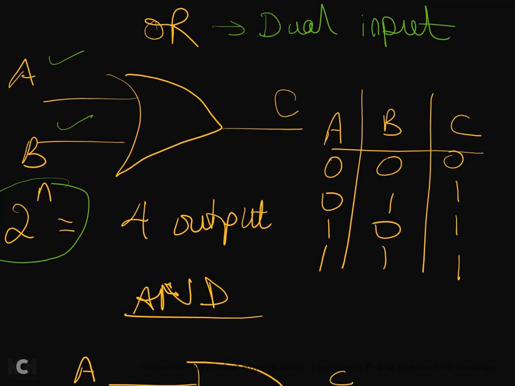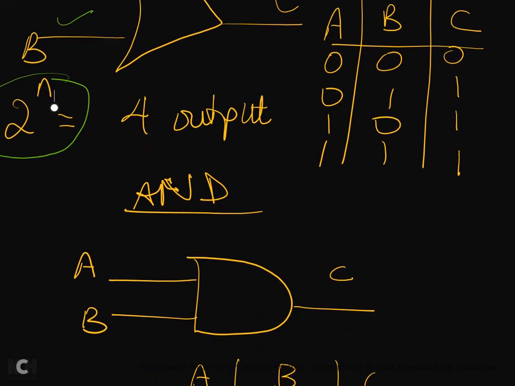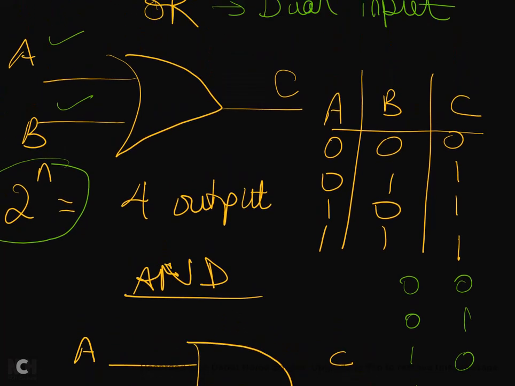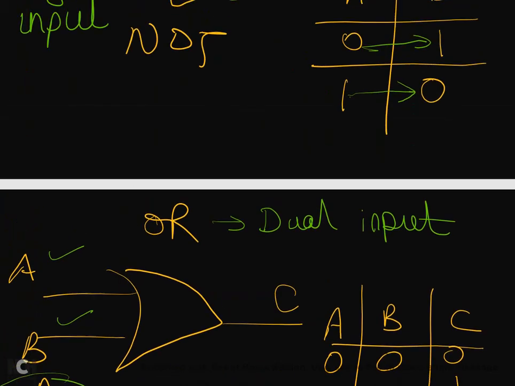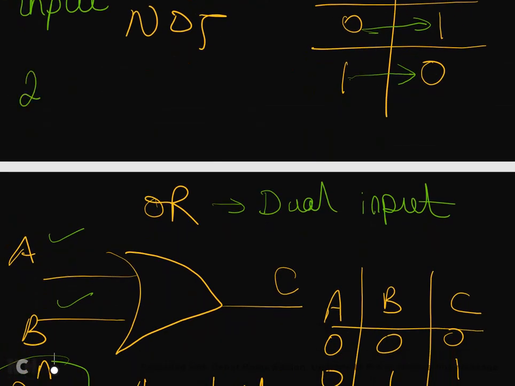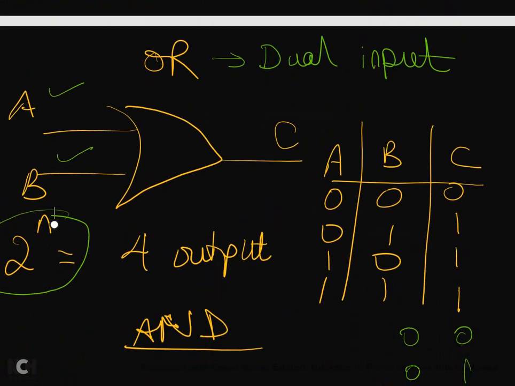Typically, you're looking at a combination of 0, 0, 0, 1, 1, 0, 1, 1. If I have 3 inputs, that would be 2 to the 3, which is 8 possible outputs.